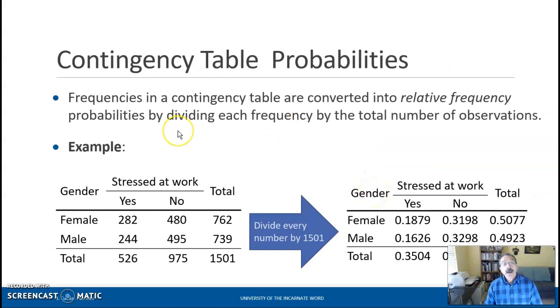Another characteristic of these contingency tables is that you can transform these frequencies into relative frequencies and call these probabilities. What you would do is divide each number by the total number of observations, and then you will obtain the relative frequencies or the probabilities.